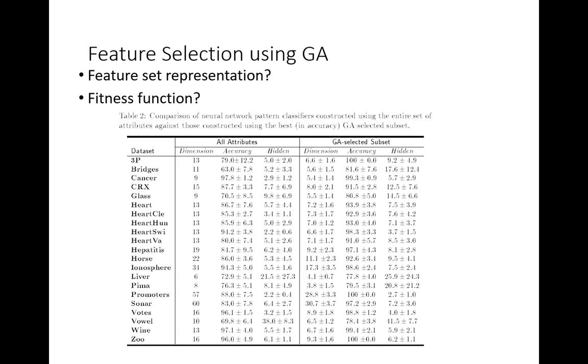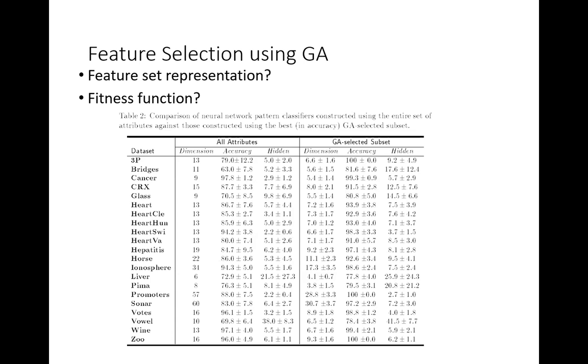So what one can do is take many of those data sets and apply your algorithm and compare the results that you get with the best known results that are out there, and show that, well, your algorithm does a very good job. So that is what this table is showing.